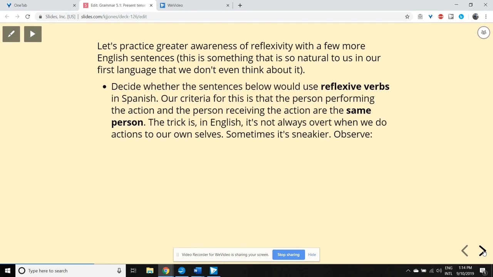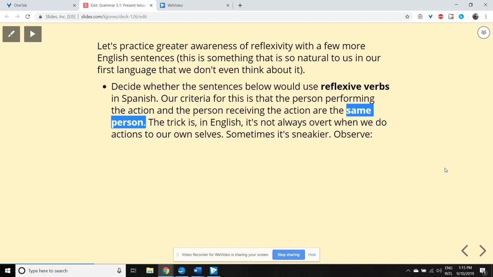Our criteria for this is that the person performing the action and the person receiving the action are the same person, right? Actant and recipient have to be the same person for the action to be reflexive. The trick is, in English, it's not always overt when we do actions to our own selves. Sometimes it's sneakier. We do not always include a pronoun that ends in self or selves, okay?